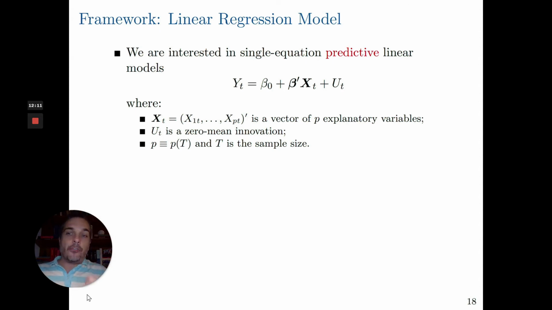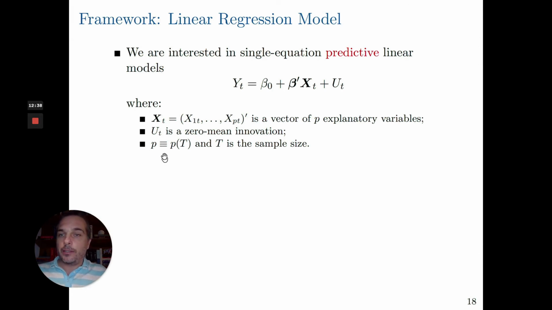So in this case, if we have an asymptotics for this case, these asymptotics will probably be a good approximation for cases in finite sample where T is not larger than P. Okay, so that's the idea. That's why we have this P as a function of T.